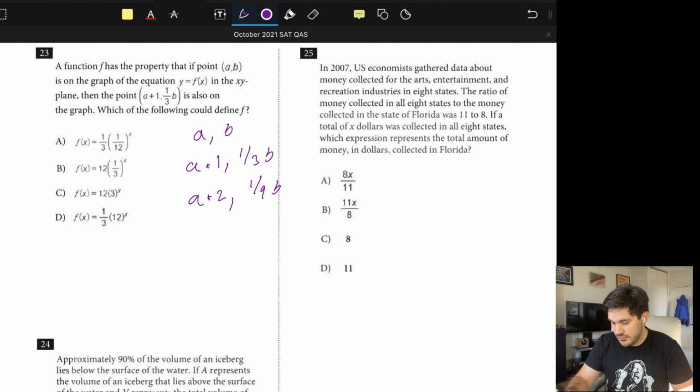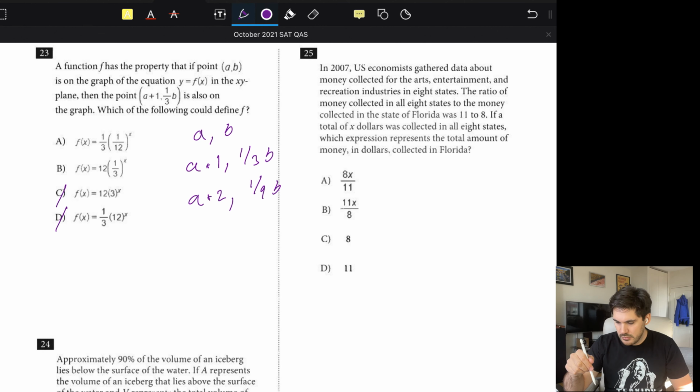So it's not linear, it's definitely exponential, and as x goes up, y keeps going down. So it can't be C, and it can't be D, because in those, as x goes up, y also goes up. It keeps going down by a third each time.